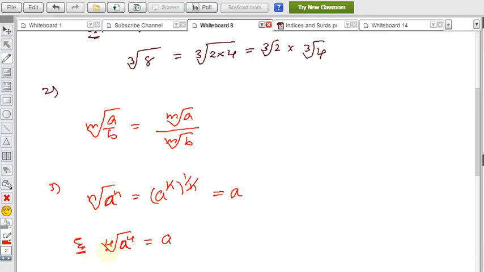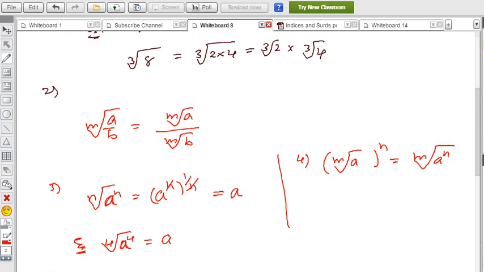Then one more rule: mth root of a whole power n. This you can write as mth root of a to the power n also, because whole power n or power n will get the same answer.